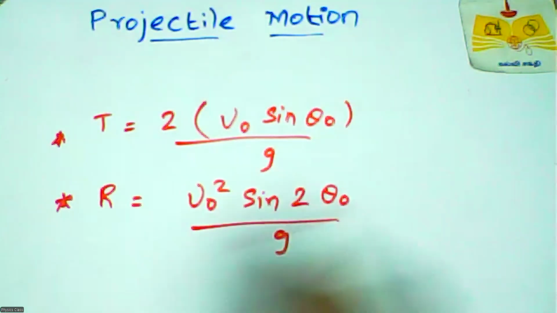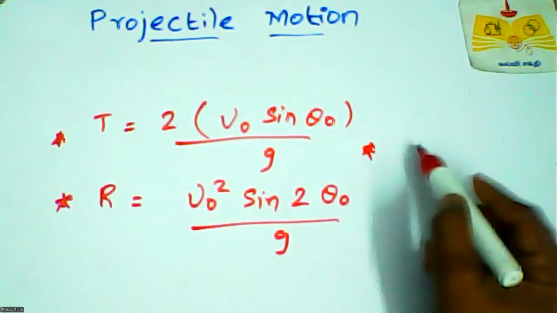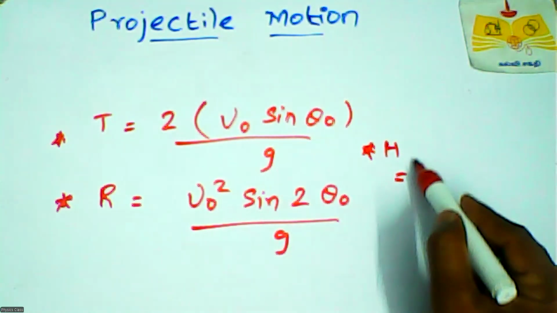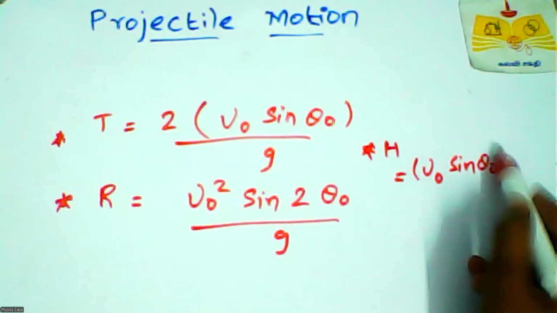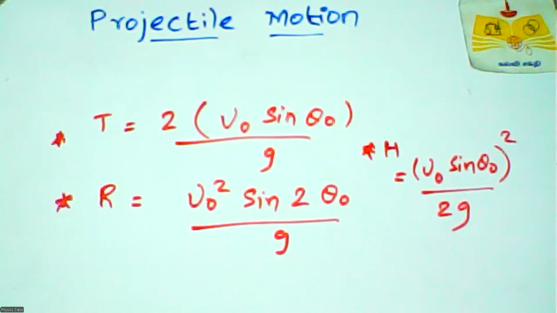For the third one, maximum height: H equal to V naught sine theta naught the whole square by 2g. These are the important equations in this topic.